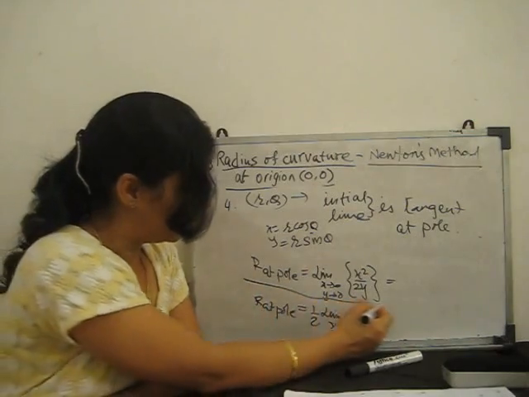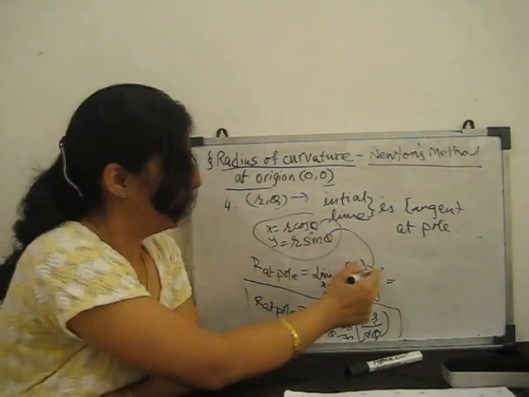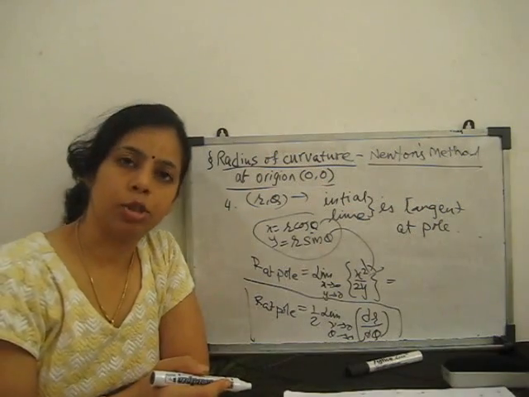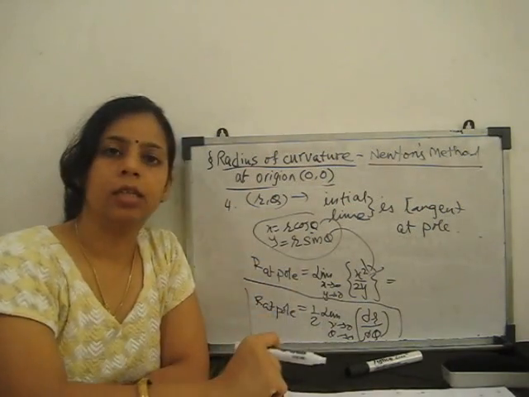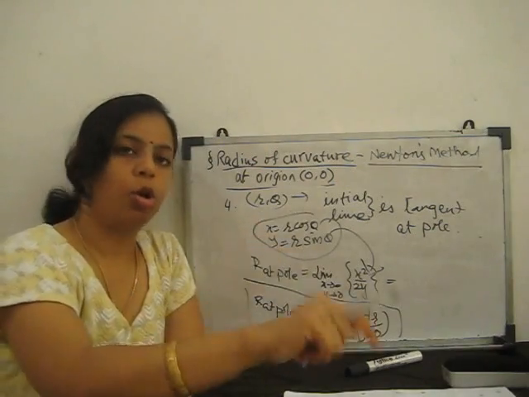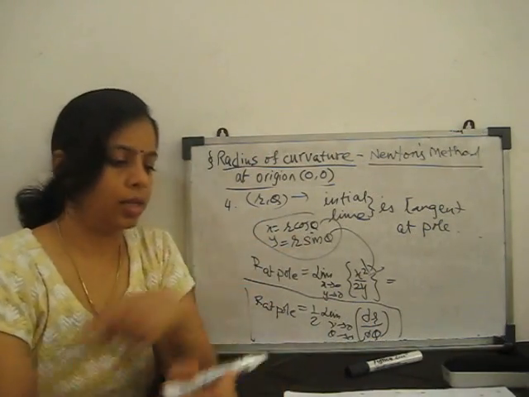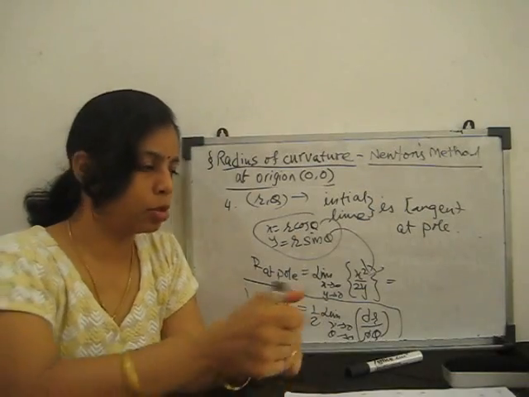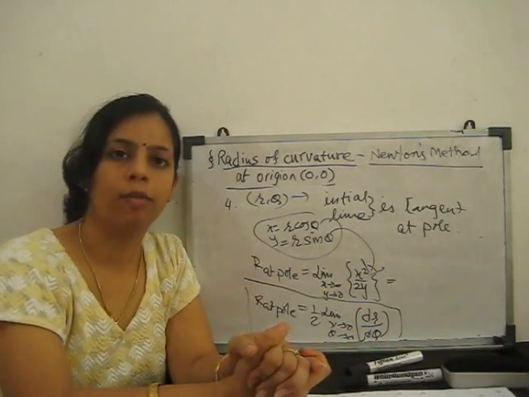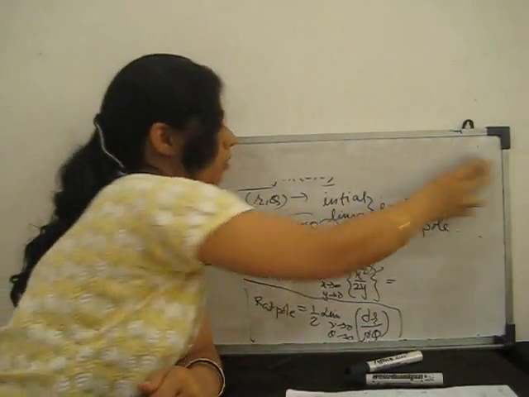So when we convert, substitute these values here, and apply the limit, changing the limits also, then we will get this radius of curvature for r theta through its origin, the pole, at the initial line. So now we go for some examples so you can better understand how to solve the radius of curvature at the pole.